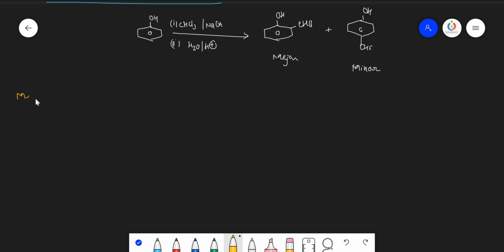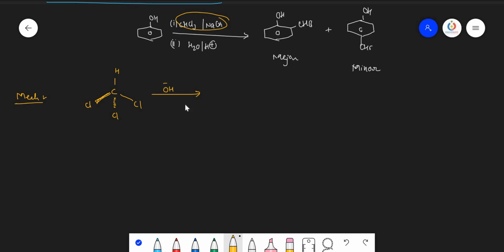So let us see the mechanism. In the mechanism, the first step is the reaction between these two. You just see here hydrogen, this is one chlorine, this is another chlorine, this is another chlorine, chloroform, tetrahedral shape.